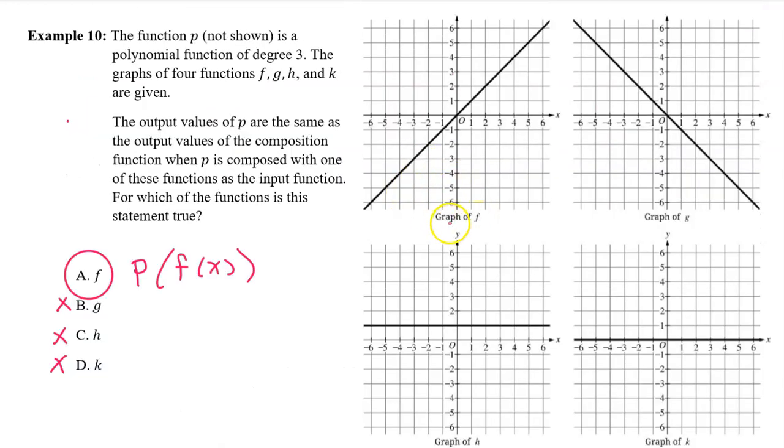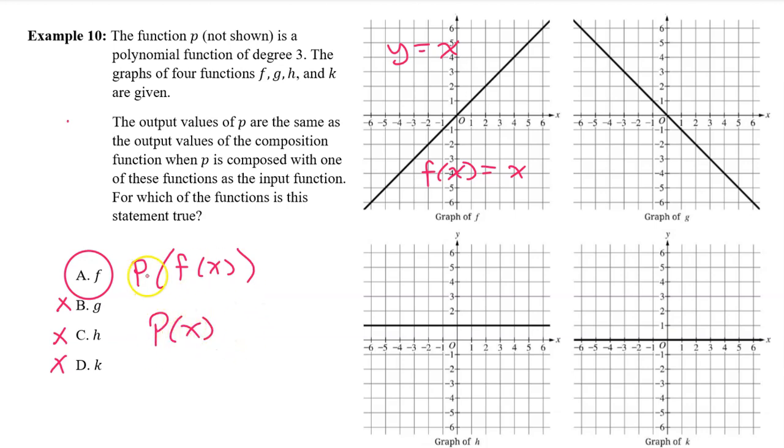Let's go back to the graph of f. This is the line y equals x. Y-intercept of 0, slope of positive 1. In function notation, we have f of x is equal to x. Consider the composite p of f of x. Well, f of x is x. So if I plug that in, I get p of x.